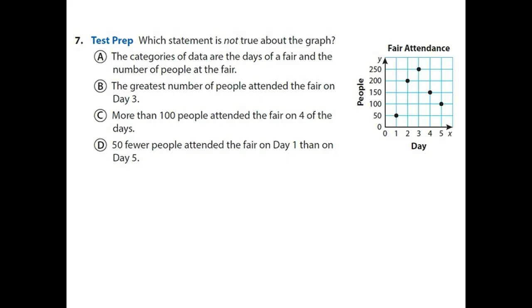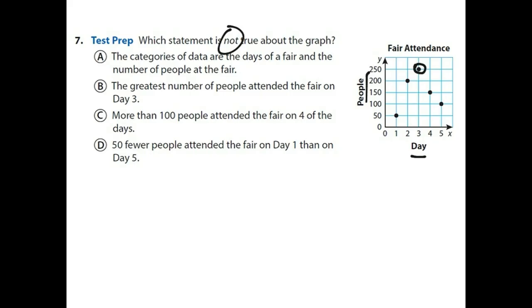All right, so it says, which statement is not true about the graph? So the categories of data are the days of a fair and the number of people at the fair. Yeah, days and number of people. The greatest number of people attended the fair on day 3. Yep, that's true. More than 100 people attended the fair on 4 of the days.